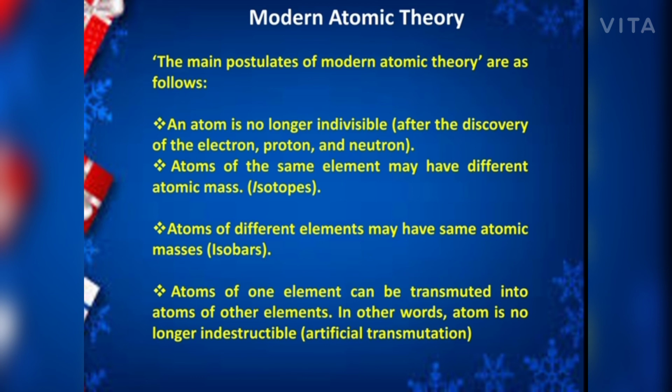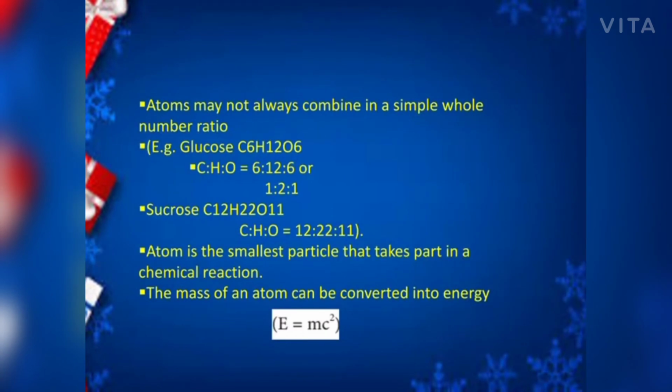Atoms of one element can be transformed into another type of element. That is called artificial transmutation. Atoms may not always combine in a simple whole number ratio. For example, glucose, C6H12O6, is the molecular formula of glucose.